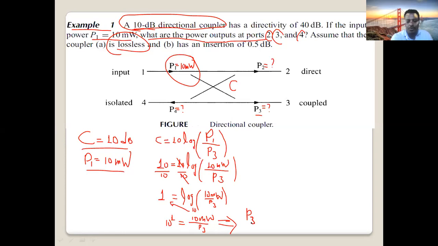How much power goes to port 3, the coupled port? 10 to the power of 1 is 10, so 10 milliwatt divided by 10. How much? It will be 1 milliwatt.